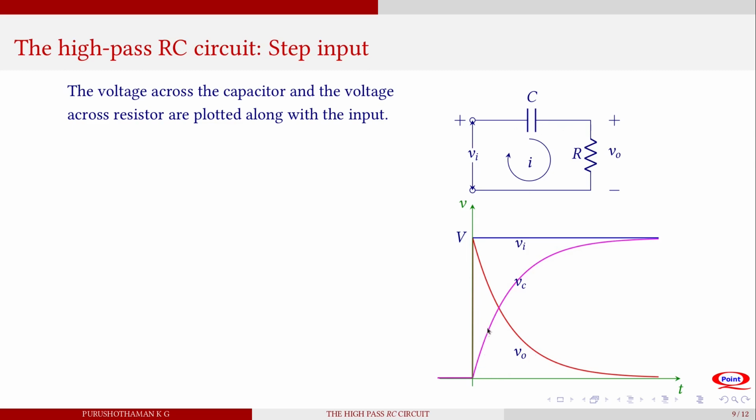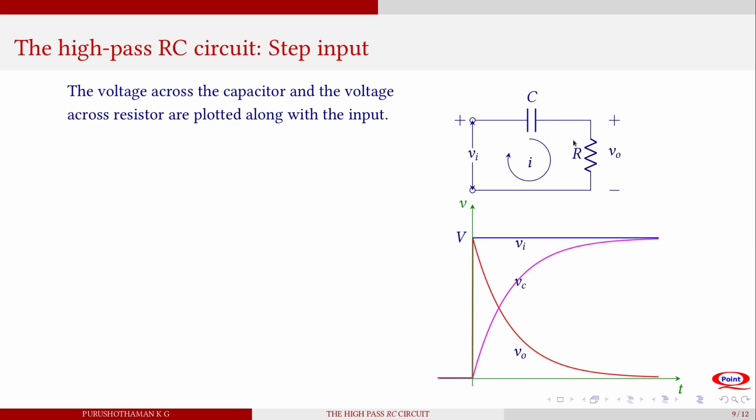So as the voltage across the capacitor increases, the current through the resistor, that is the output, decreases. And finally, the current through the resistance and hence the voltage across the resistance becomes 0 after 5 time constants. That means no DC current is flowing. At this situation, we say that the capacitor blocks DC.